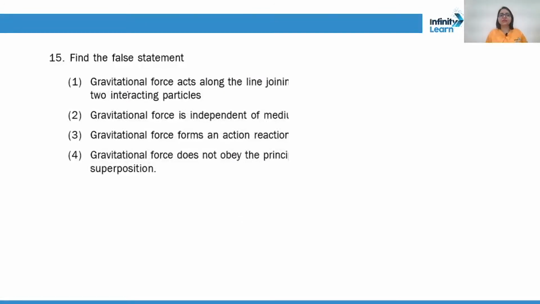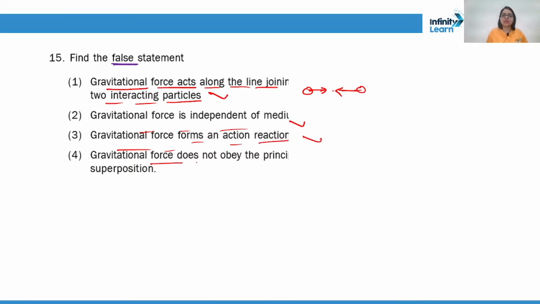Question number 15. Find the false statement out of these 4 statements. First statement is gravitational force acts along the line joining two interacting particles. Yes, gravitational force acts along the line joining these two interacting particles, so this is true. Gravitational force is independent of the medium. True. Gravitational force forms an action and reaction pair.